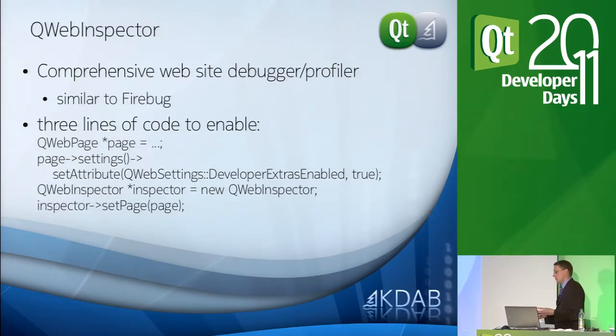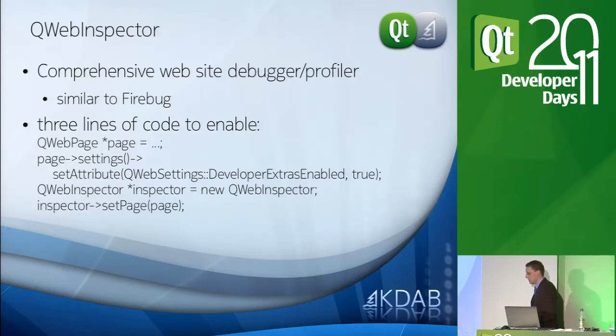So that might not sound that useful at first, but if you're using QWebView in your application to show content that is not directly coming from the web, but just for visualizing data from your application, you might still find it useful that you can actually debug the document structure there, live edit it, look at how the style sheets are executed and all those details.